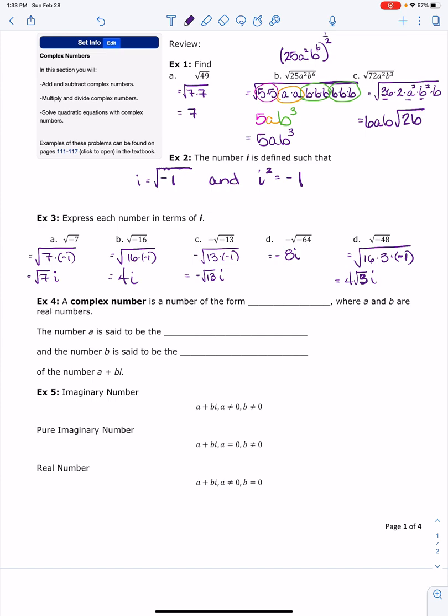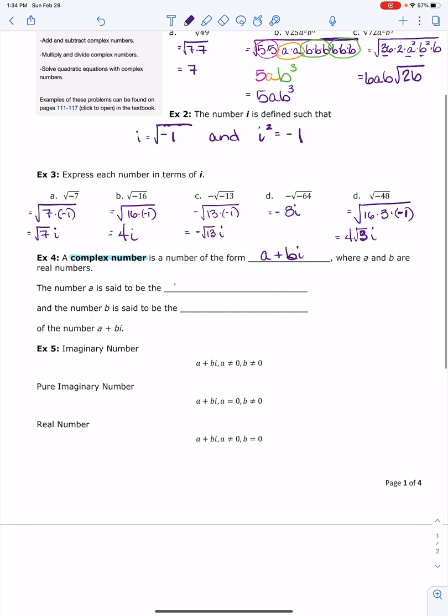So we have now the opportunity to talk about what a complex number is. A complex number is always of the form a plus bi. Notice both a and b are real numbers. Okay. A is said to be the real part, and b is said to be the imaginary part.